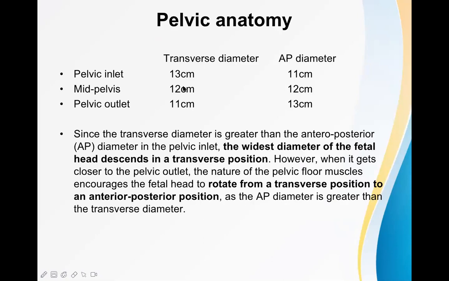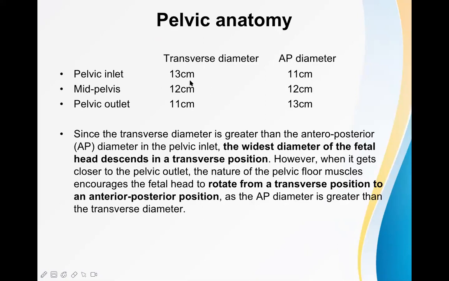What is the transverse diameter and AP diameter of pelvic inlet, mid pelvis or pelvic cavity, as well as pelvic outlet? Let's talk about them. The transverse diameter of pelvic inlet is 13 centimeter in comparison to the anteroposterior diameter, that is 11.